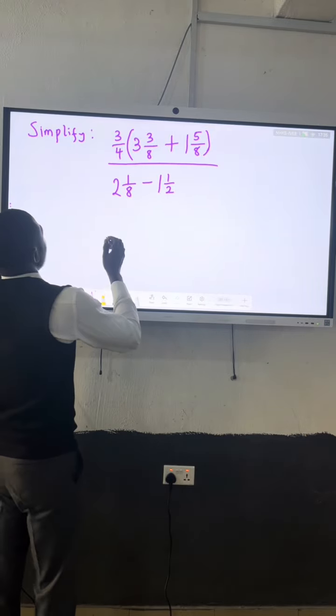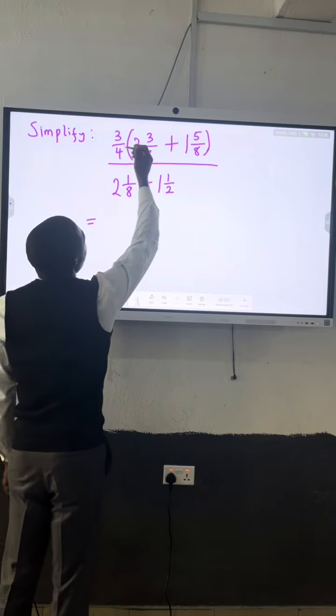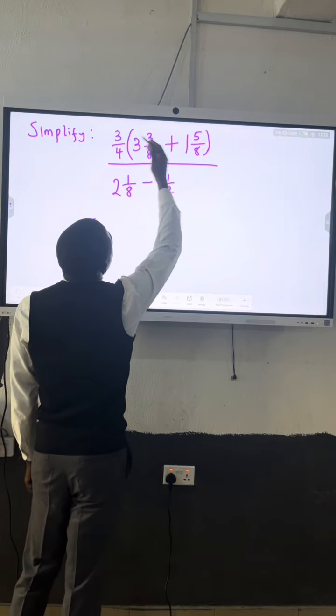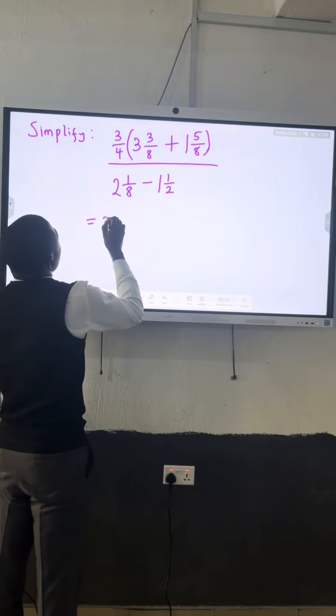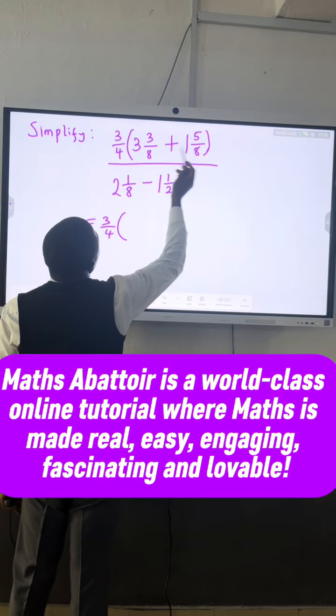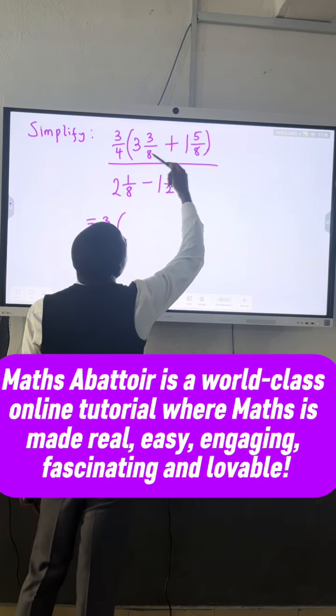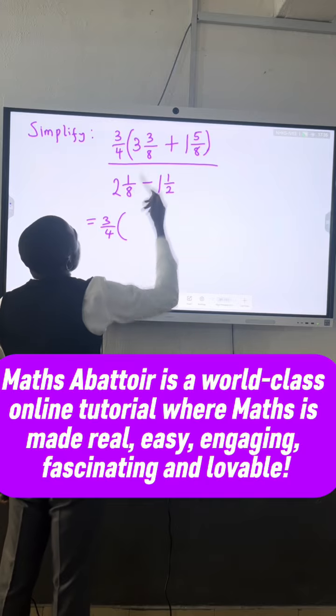So this is going to be equal to, because we have this expression inside the bracket, you treat this one first. So we're going to have 3 over 4 into, if you watch very well, these mixed fractions here are like fractions. They have the same denominator.